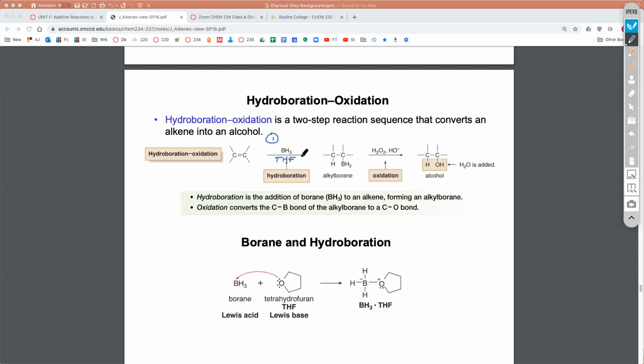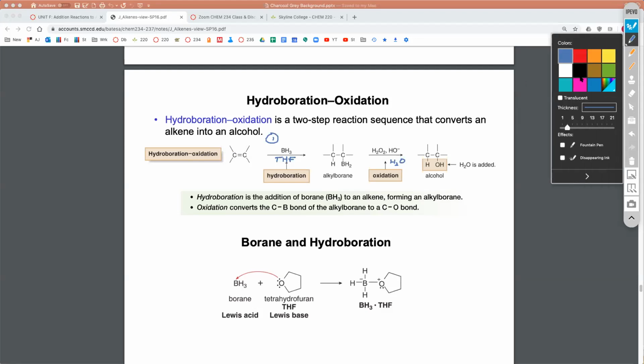Now, when this reacts, we do get syn addition to give us this alkyl borane, and then the boron can be converted to an oxygen, or more specifically to an alcohol group, with retention of stereochemistry at this step through an oxidation reaction where we have peroxide with sodium hydroxide, and this is probably going to be just dissolved in water. But the overall reaction that results here is that we do get water added across the double bond. All right, so let me continue on then to the next slide.